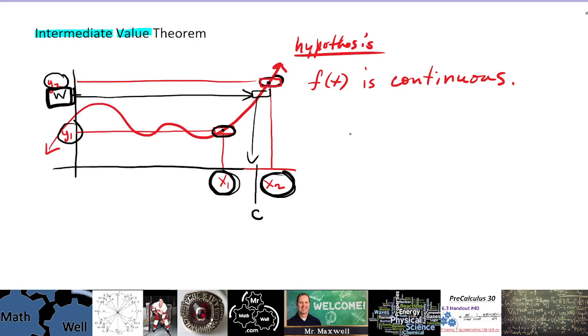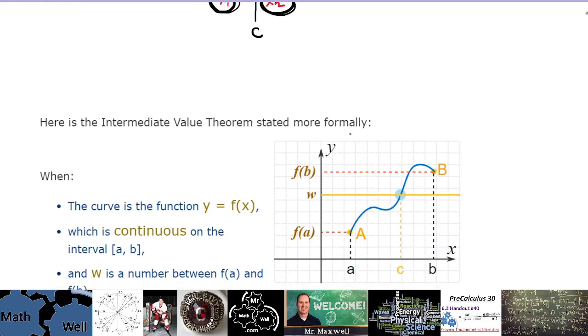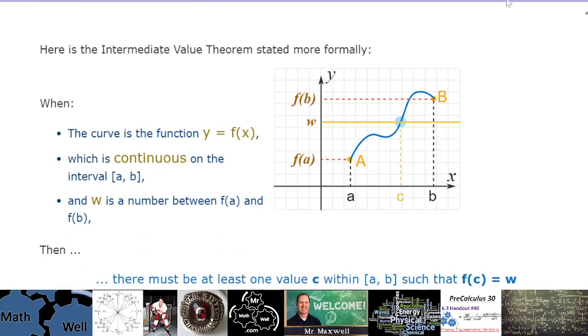Let's put that a little more formally now. You can write down some of this if you want. Here's another graph. That's a nice informal looking graph. You don't have to copy all that down, but this is a lot of what I already just stated. So the curve of the function, if the curve y equals f of x, the blue graph, is continuous, and of course, we describe an interval between a and b, from some point here to some point here.